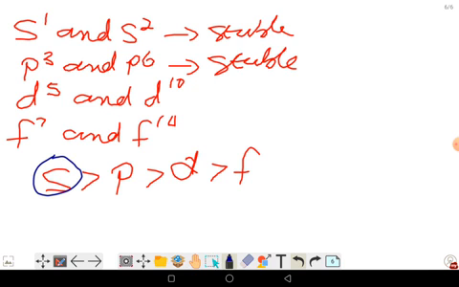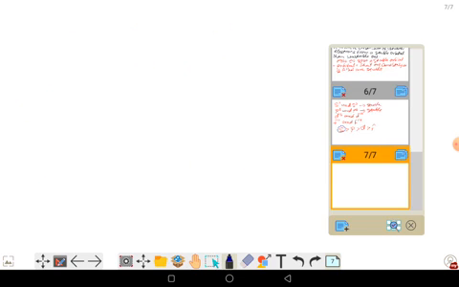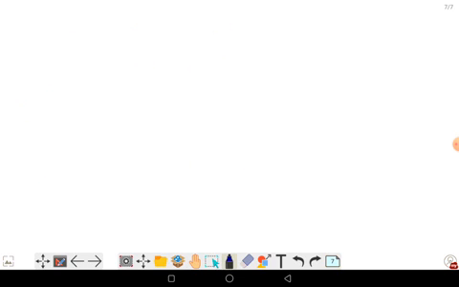So now, coming to the question that was presented to me for an answer, let us look at the question. The way to tackle this question is by drawing out the electronic configuration of the two elements.